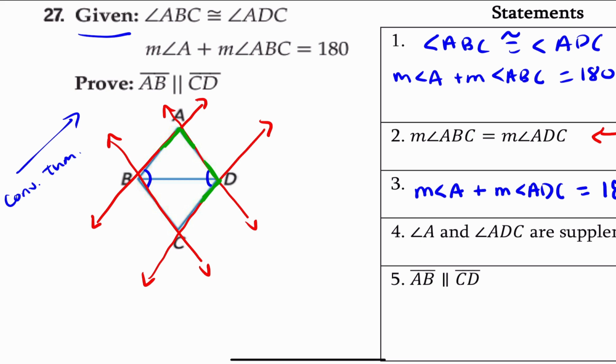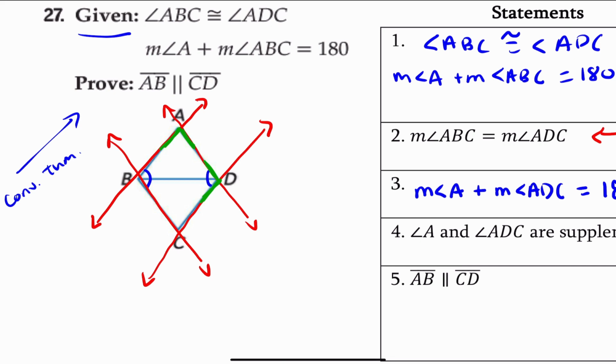We can see that angle A is part of this line, and angle D is part of this line, right? And you can see the green is part of this line, and the green is part of this line. But these two greens share this transversal. So what does that mean?